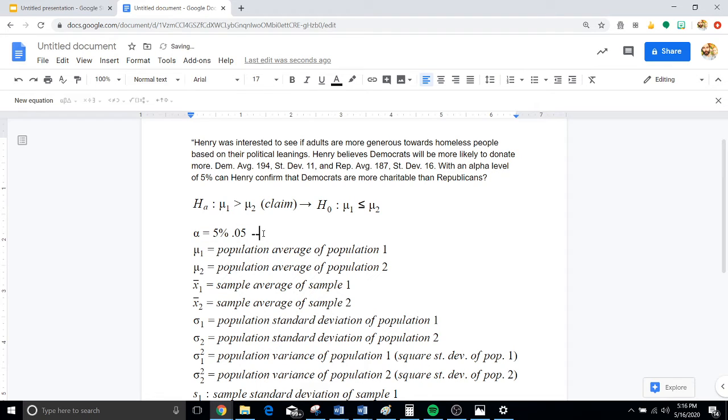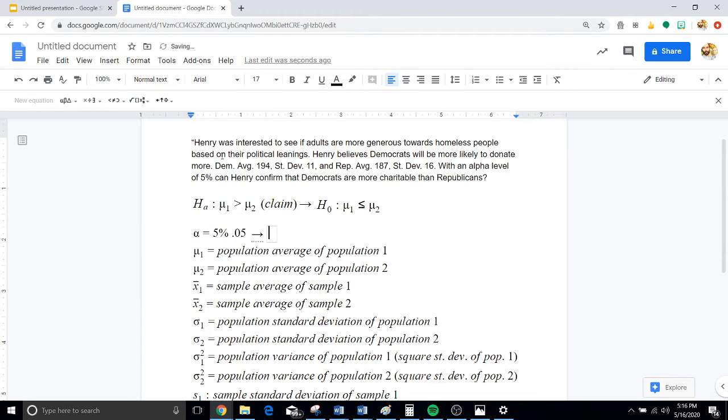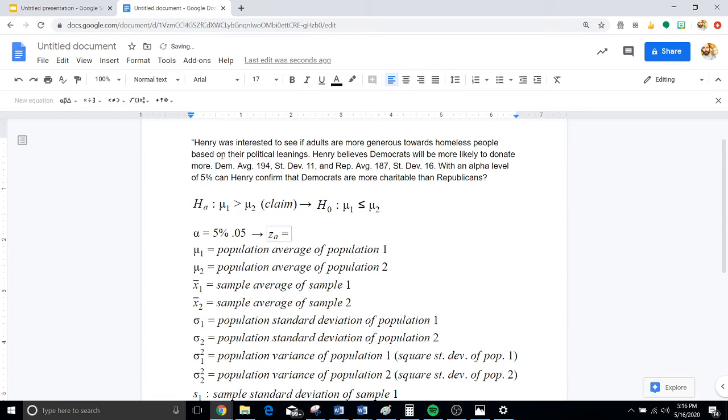And for those of you that have spent time looking at the Z chart on the negative side, you know that a 5% alpha level always gives us the same Z score, or Z alpha as I like to call it. So Z of alpha is going to be equal to 1.645. And you can feel free to look that up if you don't believe me.